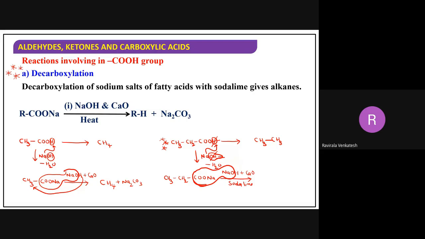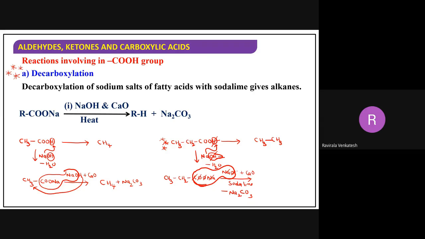Yes, sir. Now, what is removed in this case? Na2, then carbon, and how many oxygens are removed here? 1, 2, 3 oxygens. CO3 is removed. Now, one hydrogen is there, no, here. This is the hydrogen, isn't it?